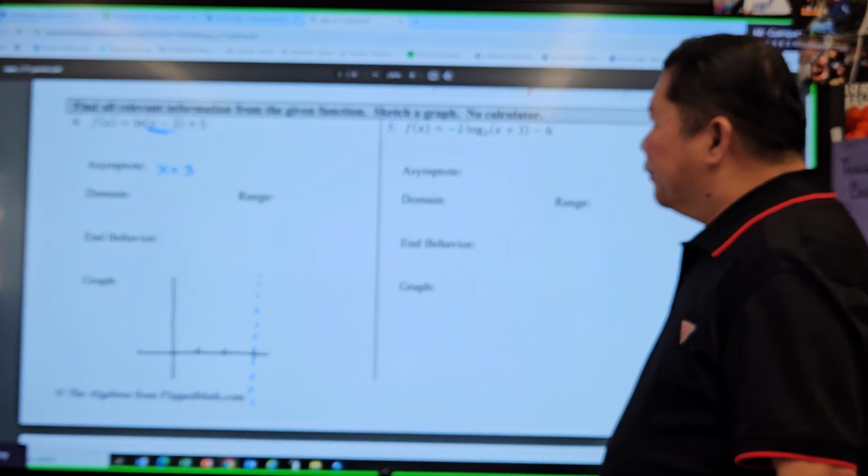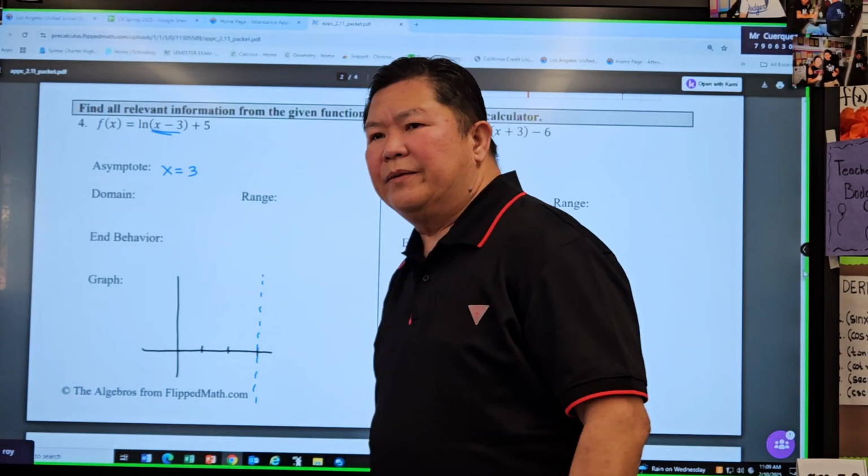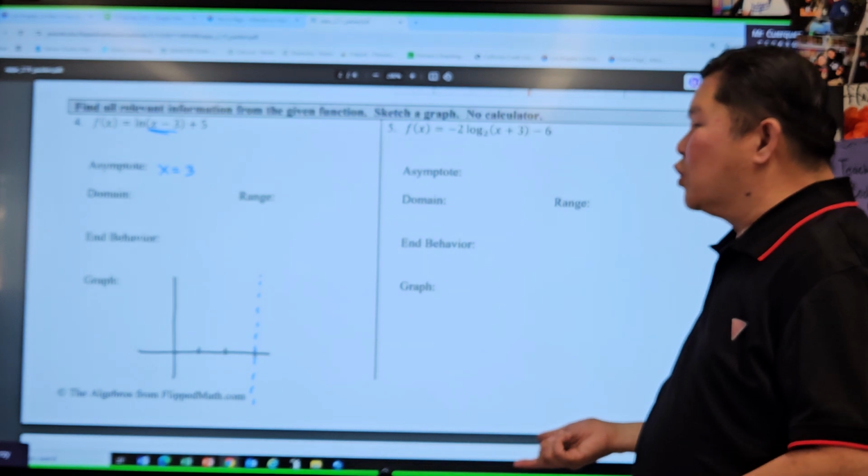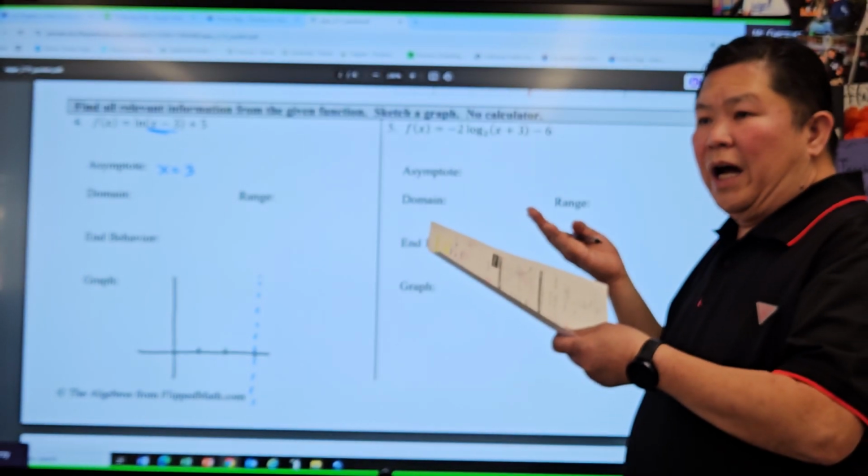Now this is plus 5, which means the parent graph is being pushed how many units up?